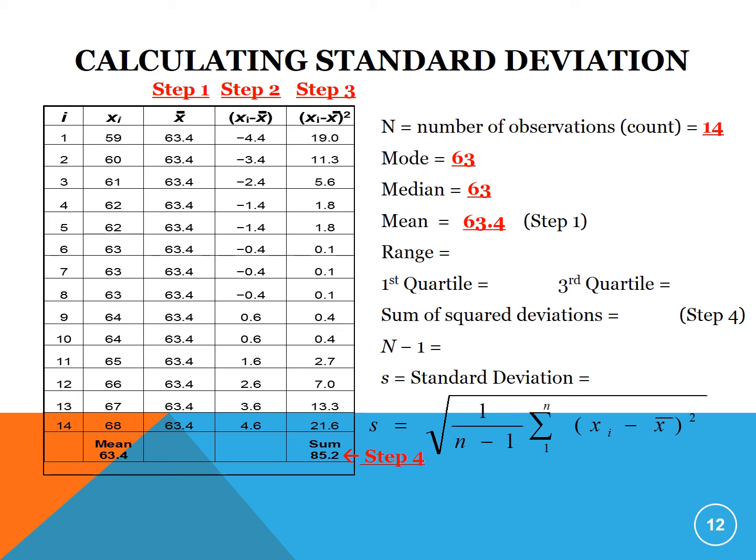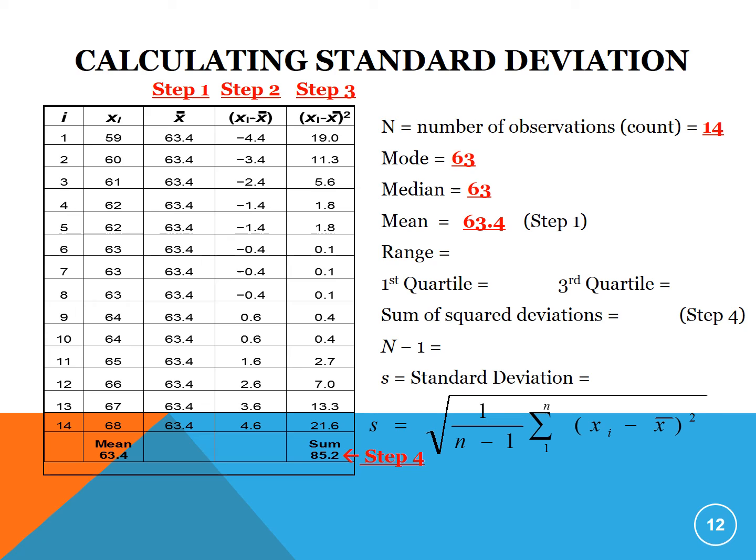Okay? Then let's go back to that equation at the bottom right. It says that we square what we just calculated. We need to square that. So we should not see any negative numbers after we square this because negative times negative is positive. So negative 4.4 times negative 4.4, that's what squared means. So negative 4.4 squared is 19, right?